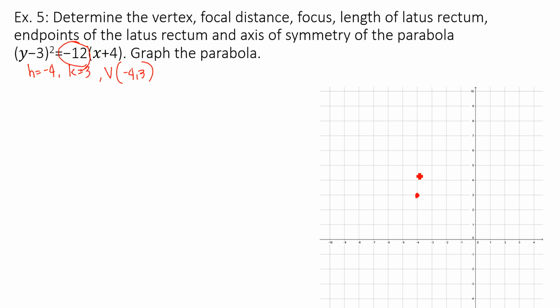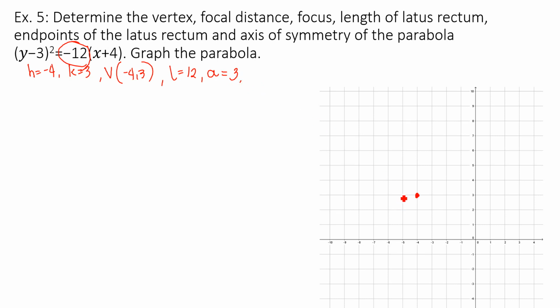Now, you can see here, since it is negative 12, it opens to the left side. So the length of the latus rectum is equal to 12. Therefore, the focal distance, let's say a, is 12 divided by 4, which is 3. So in other words, we can now identify the focus.